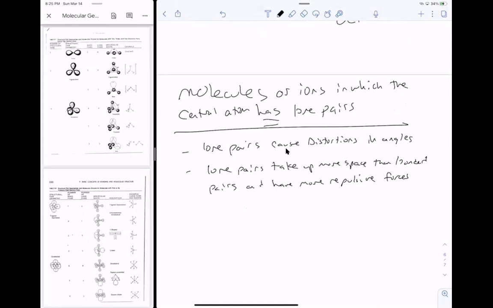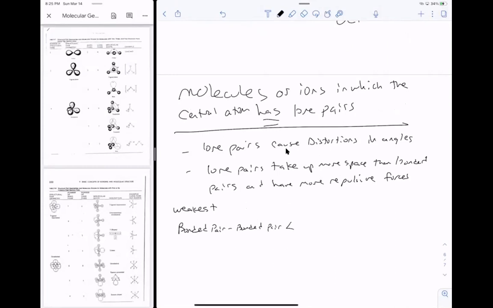And so these would be the weakest of our repulsive forces, and that would be our bonded pair, bonded pair.